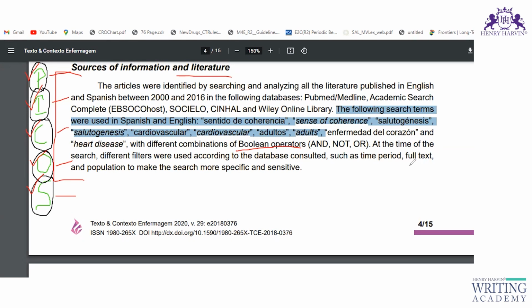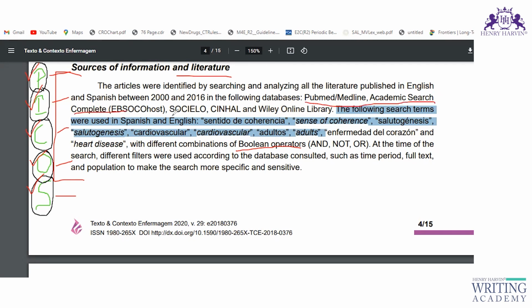In case you're not following any database or reference management system, and you're doing a literature search manually, then there is no need to mention that. You can directly mention the name of the databases which you have followed for searching the literature, as it is written here.